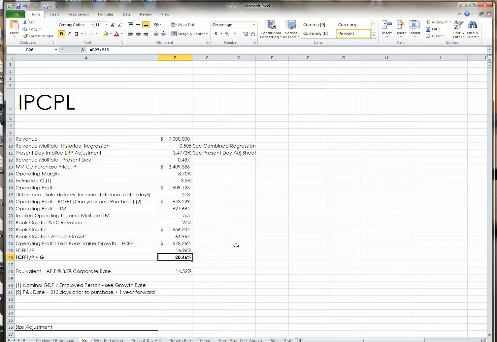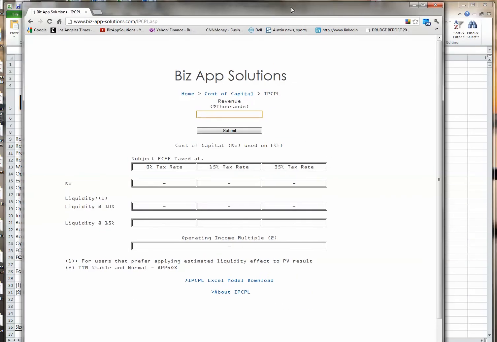Then we have to add G to the Gordon model. G is 3.5%. Adding that, you get 20.46% for a pre-tax nominal cost of capital for the average risk firm in the sample size. Converting that to an after-tax equivalent for 35% equals a 14.52% after-tax cost of capital.